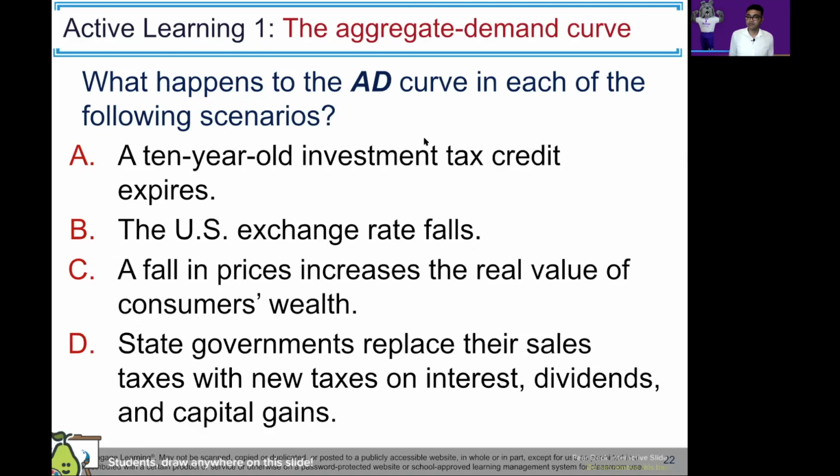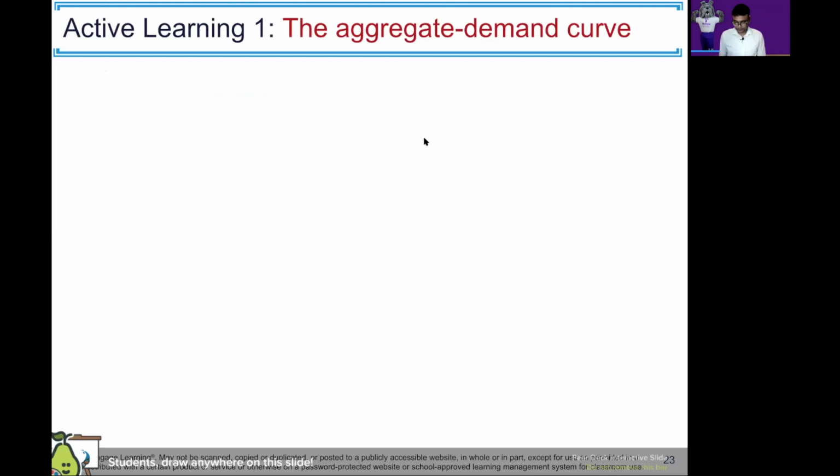You know why the aggregate demand curve is downward sloping, and why it could shift right or left. I explained the components as well as why it's downward sloping. So here you have some examples. Tell me what will happen to the aggregate demand curve because of these scenarios. Okay, solve it here.